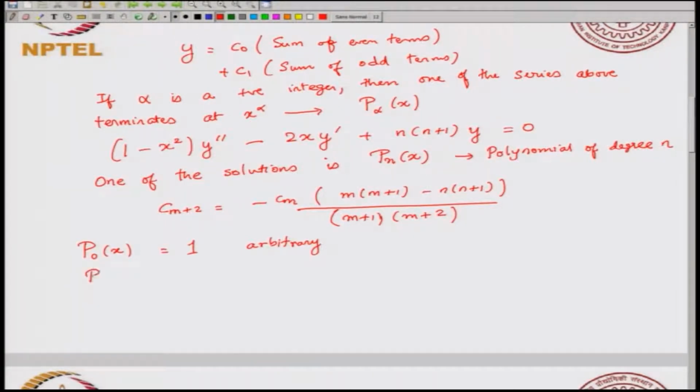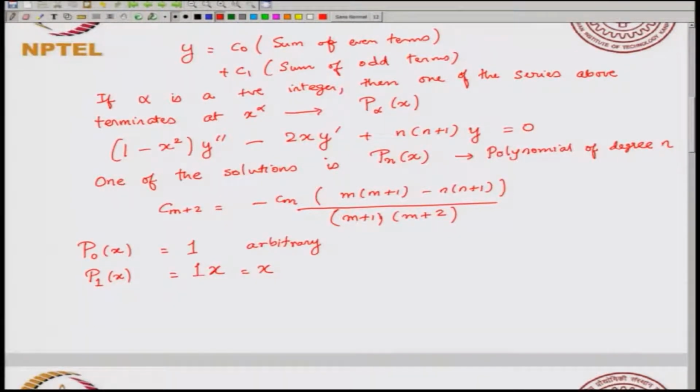Similarly, P1 of x is chosen to be x. If you set n equal to 1, then n(n plus 1) is 1 into 2, that is 2 y. So, you have minus 2x y prime plus 2y equal to 0.